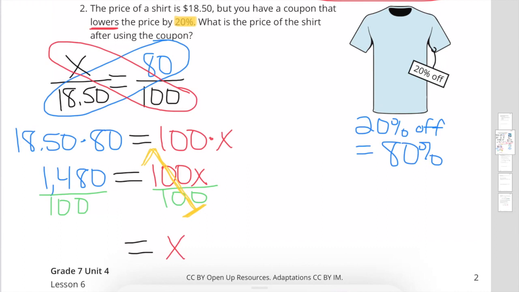So 1,480 divided by 100 gives me 14.80. So that means 80% of $18.50 is $14.80, which is what we determined with the other method as well.